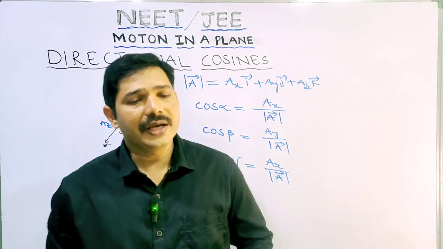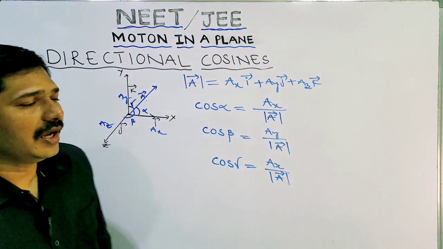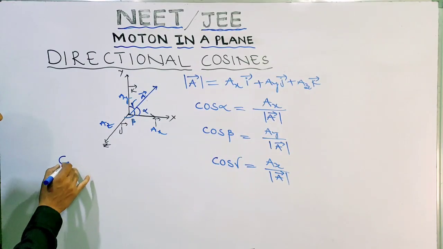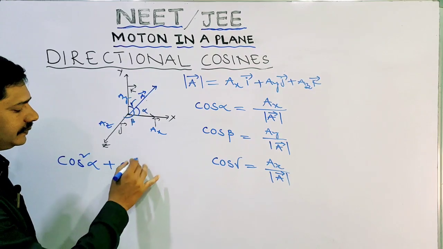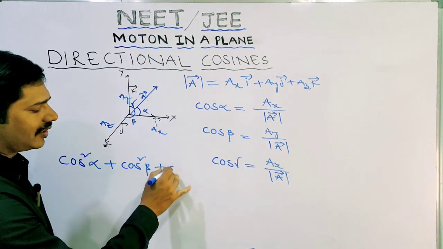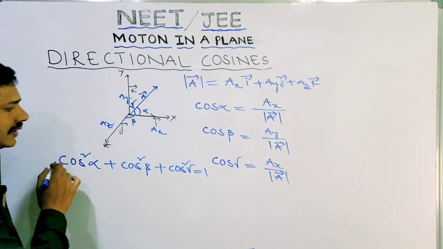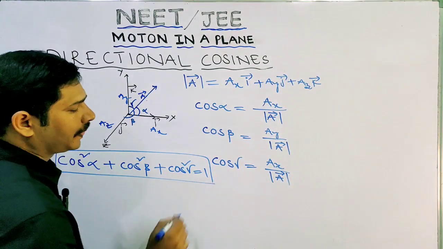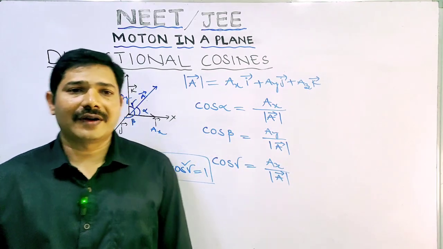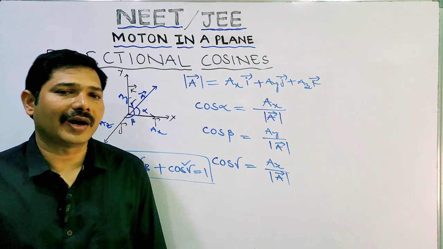Here, the relation between cos alpha, cos beta, cos gamma: observe, cos square alpha plus cos square beta plus cos square gamma equals 1. So this is the main formula of directional cosines.